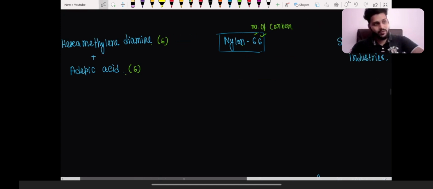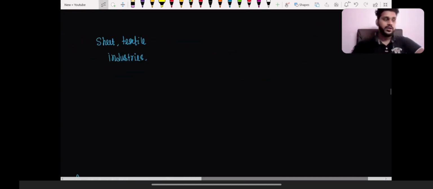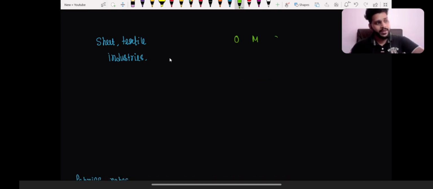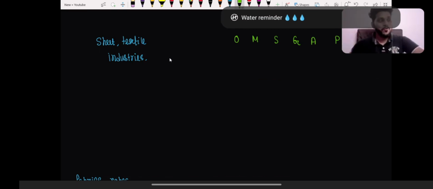Now, let me just tell you one simple thing before we get started over here. There is an acronym that goes like OMSGAP, Ohm's gap. This is how we used to remember this. Ohm's gap is telling you about the 6 very, very important acids. O for oxalic acid.